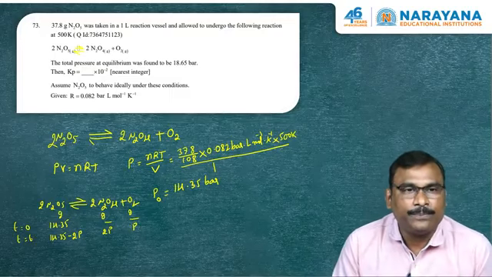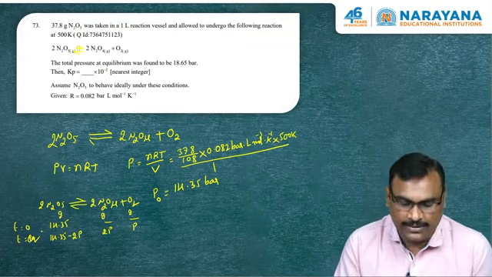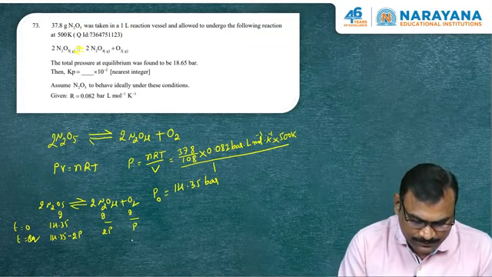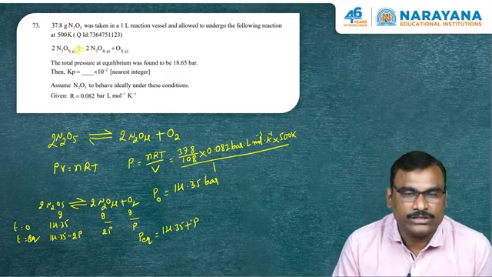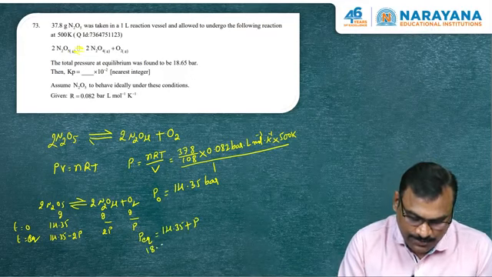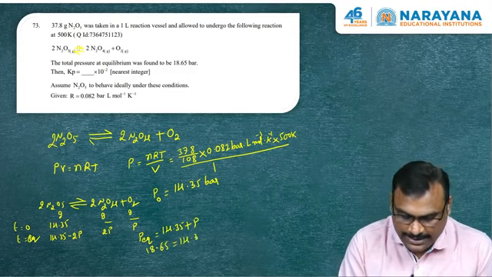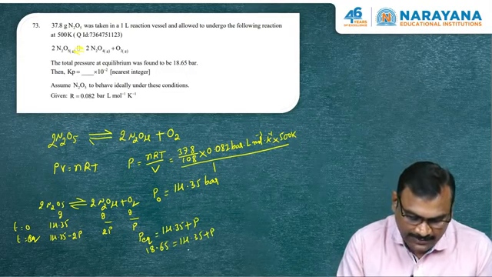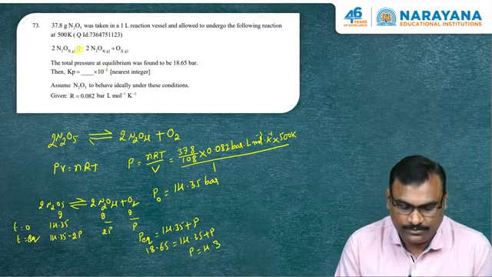So the total pressure at equilibrium is 14.35 plus p. In the given question, it is 18.65, equal to 14.35 plus p. Therefore p is equal to 4.3.